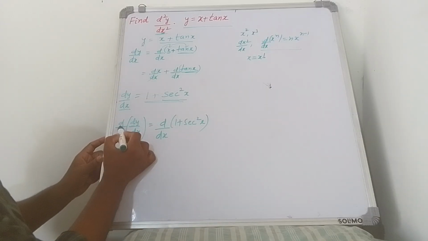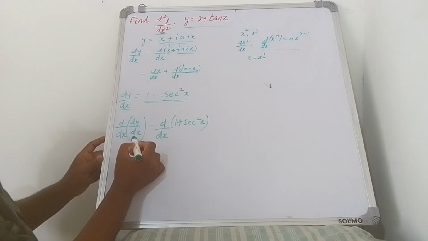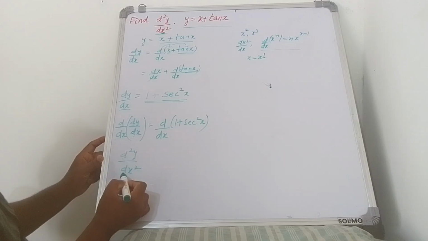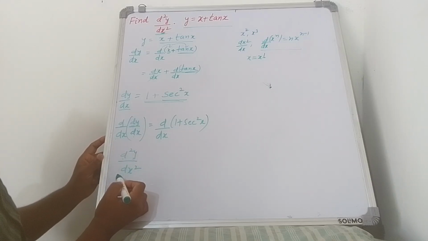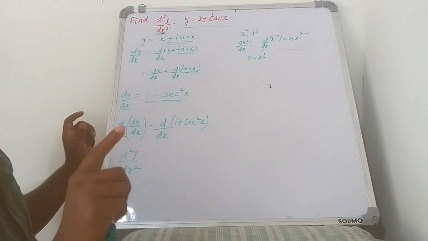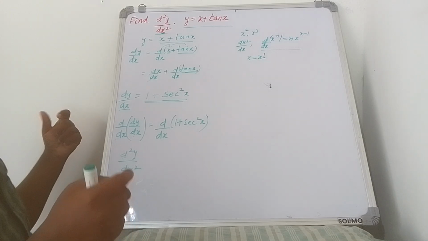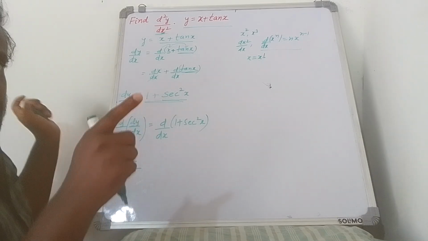Don't think that here there is d and d, so it should be d square. It is not like that. It is a separate case. We are not multiplying the variables. It is differentiation. x is a function, y is a function.